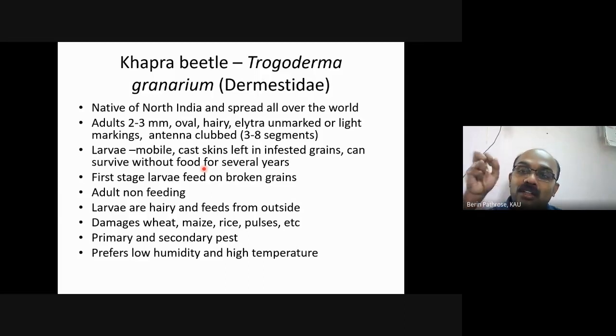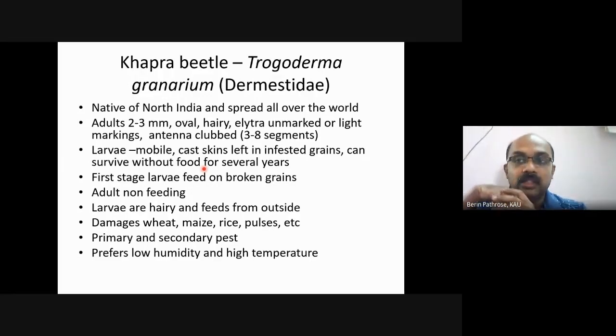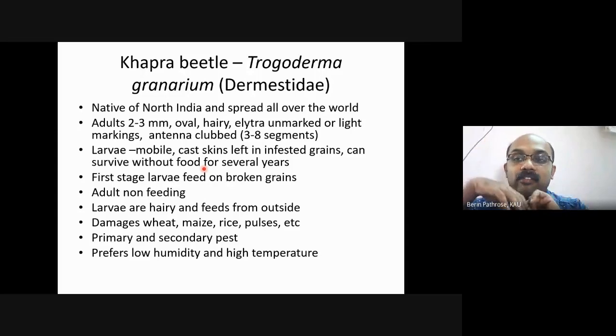So the molted skin of the grubs will be present all over the grain. If you see a grain infested with Trogoderma, Khapra beetle, you can see the top portion of the grain will be having a lot of this exuviae. I will show you a picture of it. We can show you specifically during the practicals.